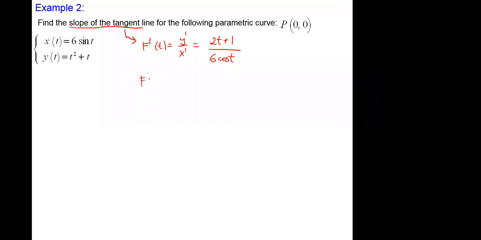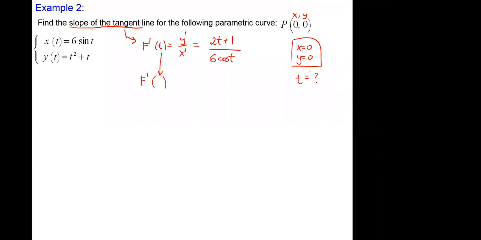That means what value of t I have to substitute, and I only know x and y. That means this is one extra step, yeah? One extra step: for the value 0 for x, 0 for y, what is the corresponding parameter?